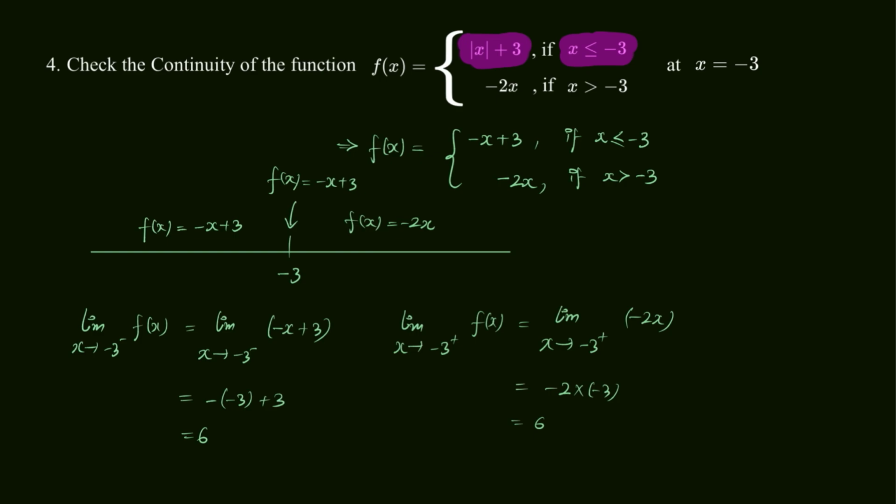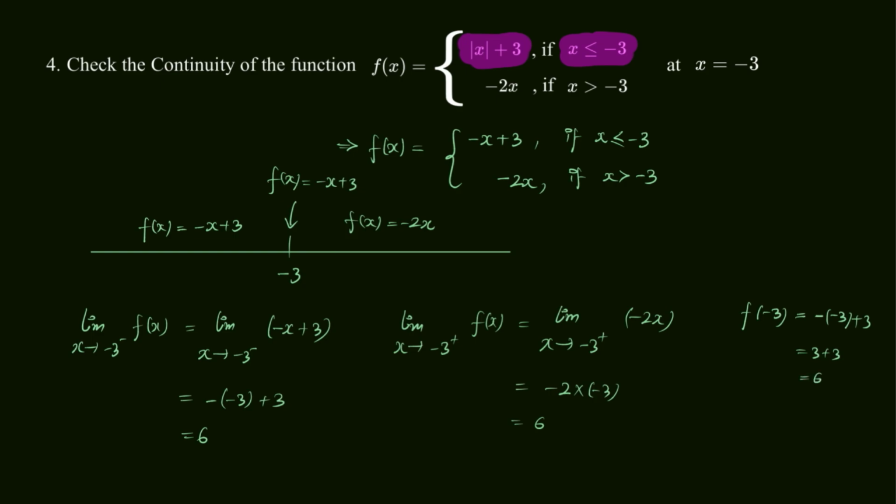Now we will check the functional value, and the functional value will be f of minus 3. At x equals to minus 3, my function is minus x plus 3, so we will use this particular function. Since we put the value of x as minus 3, it will be minus of minus 3 plus 3, so it will be 3 plus 3 equals 6.